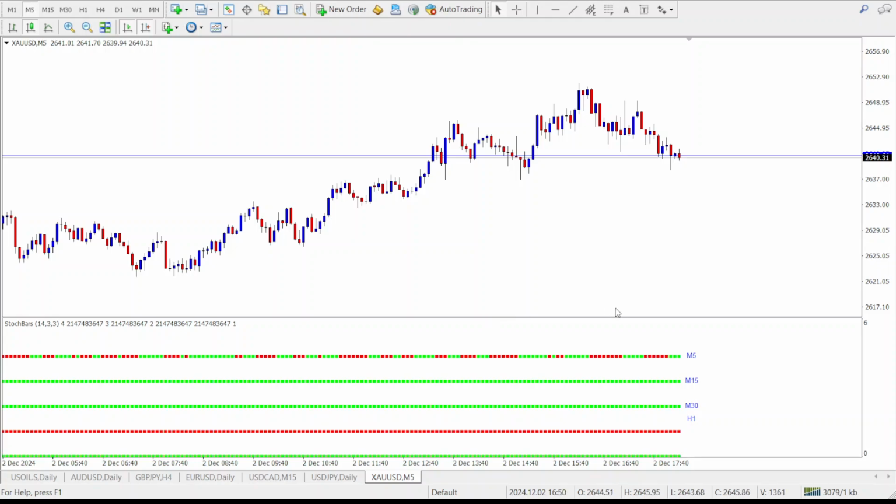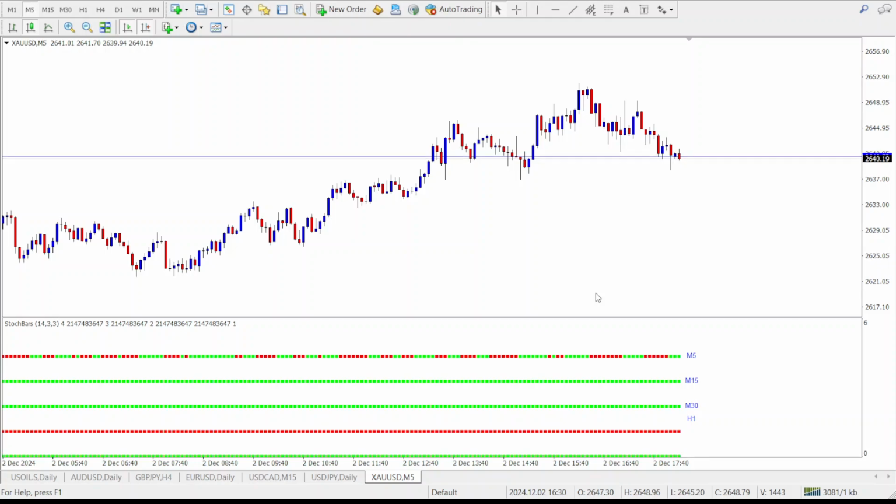Now, this multi-time frame approach helps traders to identify overbought and oversold conditions with clarity. Whenever you are analyzing price movements across different time frames, it can give you insights into precise entry points.